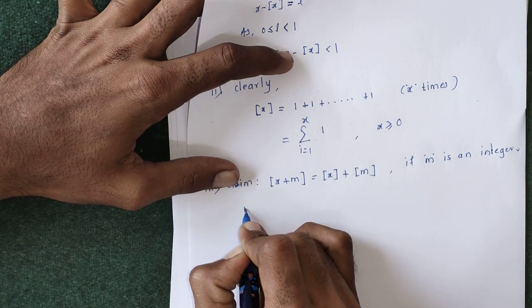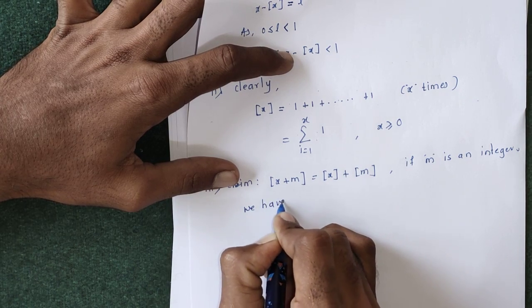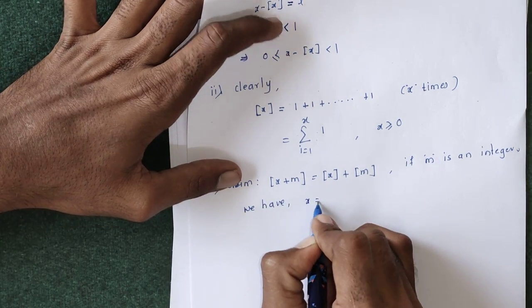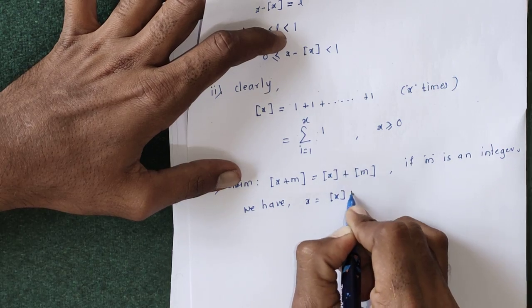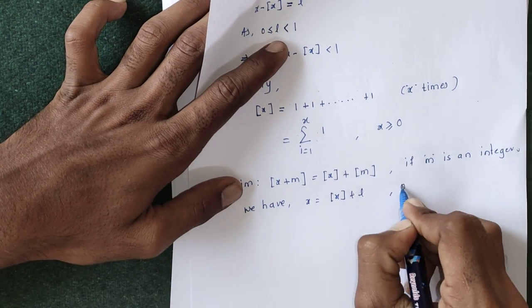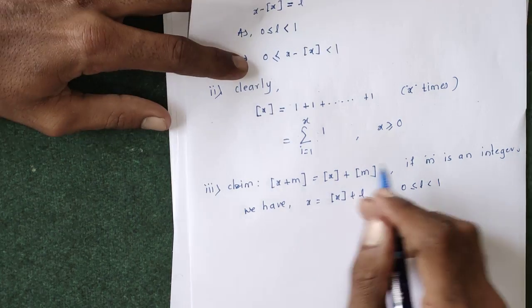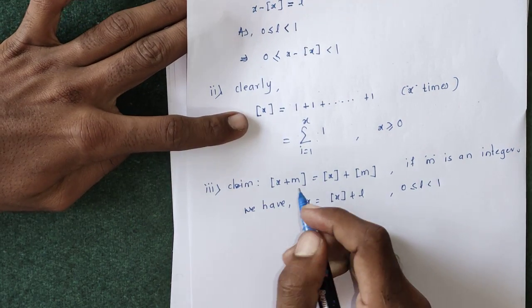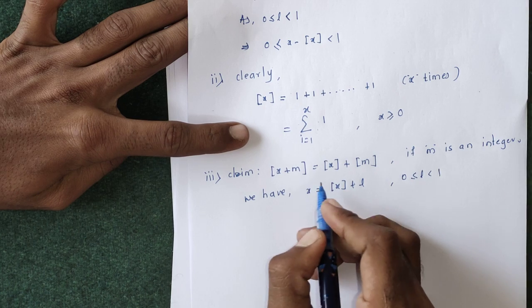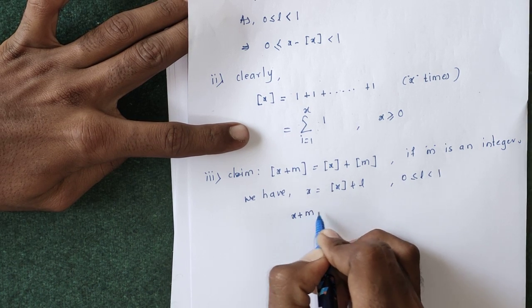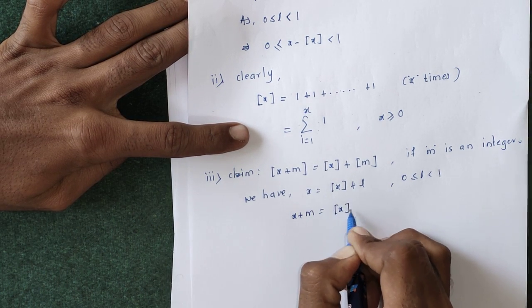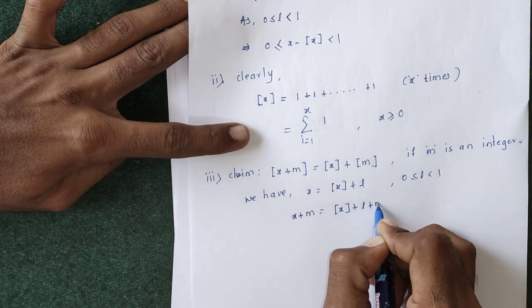So we have x is equal to integral part of x plus L, where L is in between 0 and 1. Now we are going to consider this left hand side, as x is equal to this. So x plus m will become integral part of x plus L plus m.